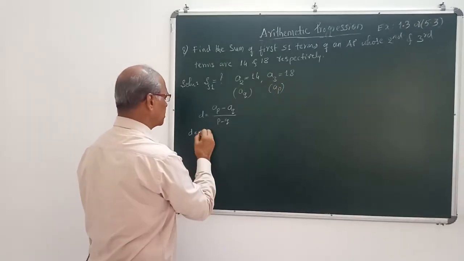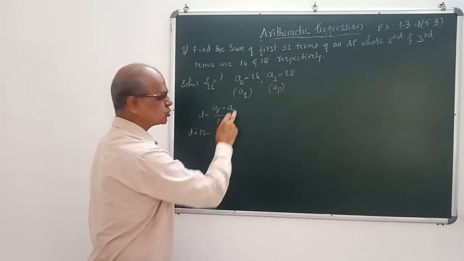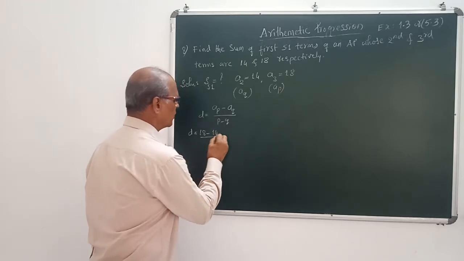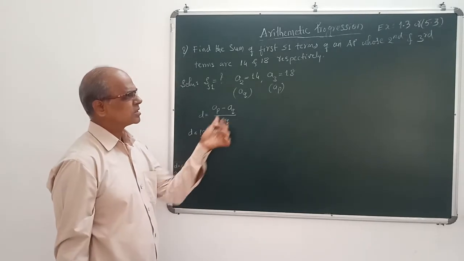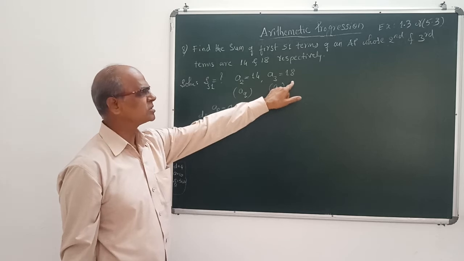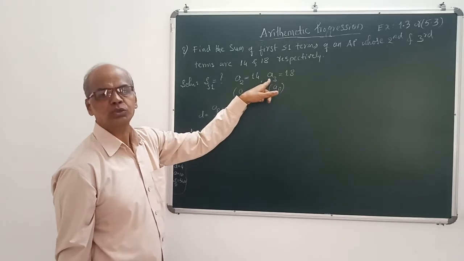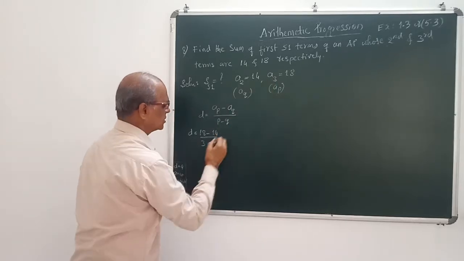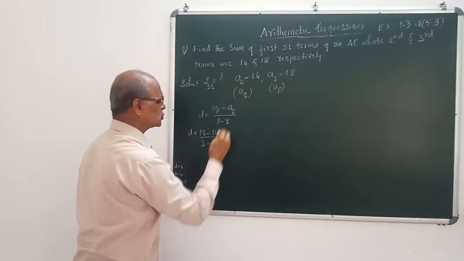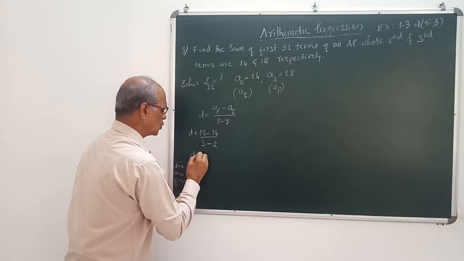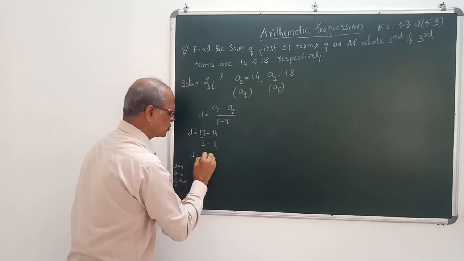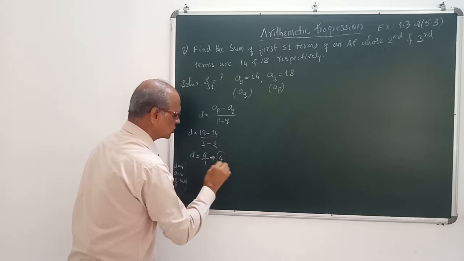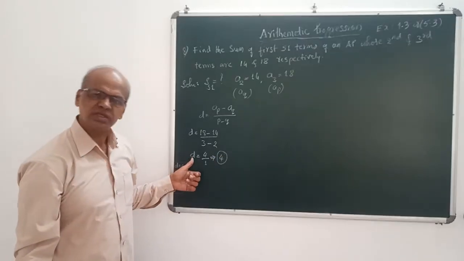Ap means 18 minus what is Aq? Aq is 14, divided by p. Ap is 18, that means 18 belongs to third term, that means p value is 3 minus q value is 2. So D is equal to 18 minus 14 is 4 divided by 1, which is equal to 4. That means your D value is 4.